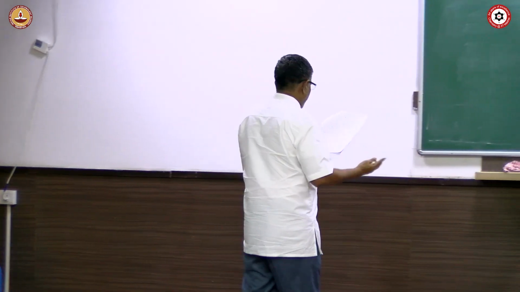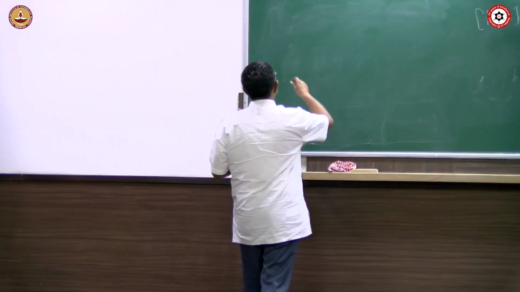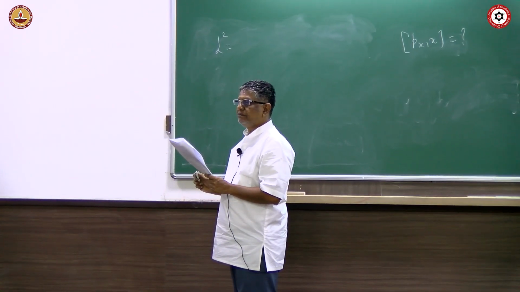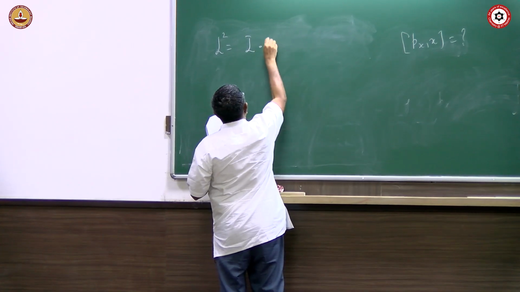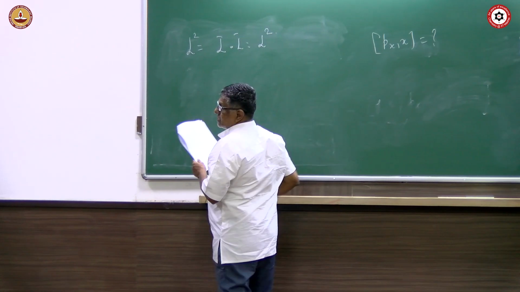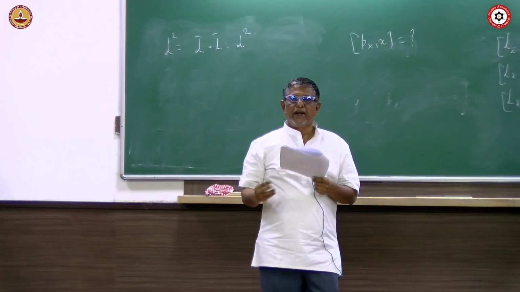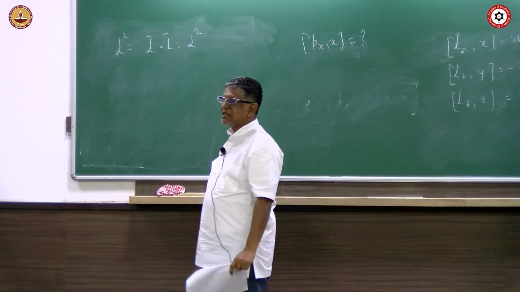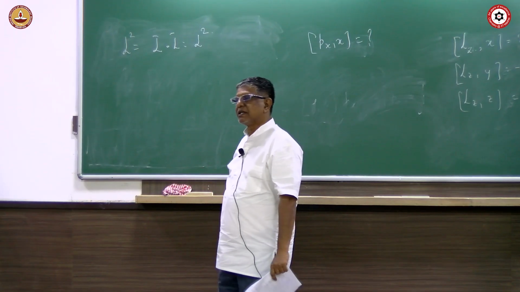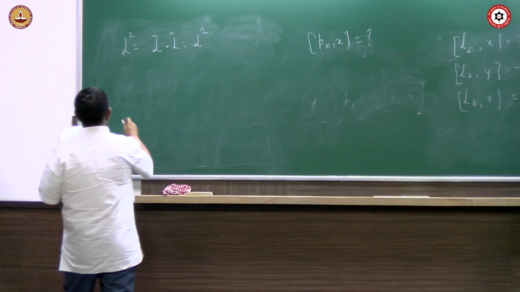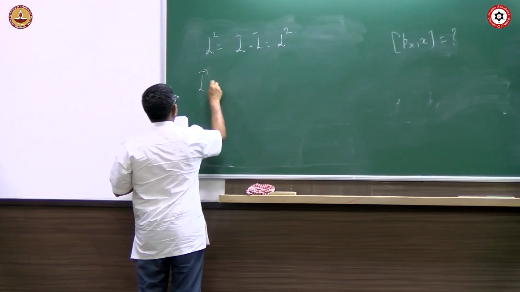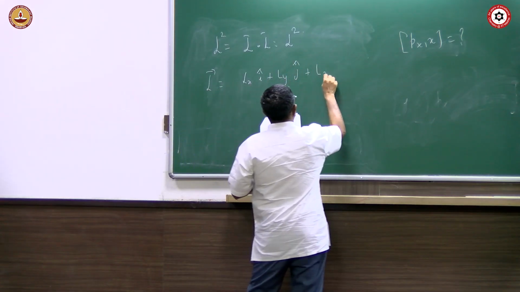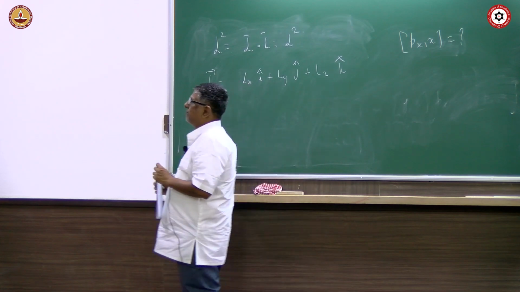One of the important things, let me work with L: you have L square. L is an angular momentum vector, therefore L dotted with L gives L square. A dot A is A square. Here it is something similar, the modulus of the angular momentum vector. Your L vector is what? Lx i plus Ly j plus Lz k, that is what you are using.